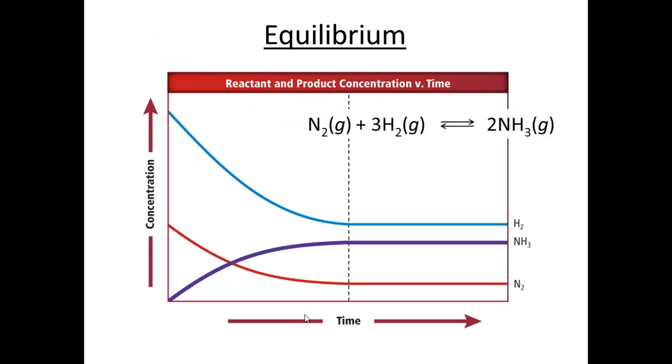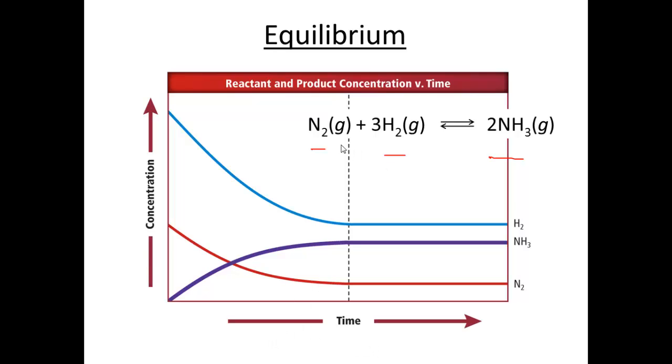So here is a reaction in which we have nitrogen and hydrogen forming ammonia, and this is plotting the reactant and product concentration on the y-axis versus time.